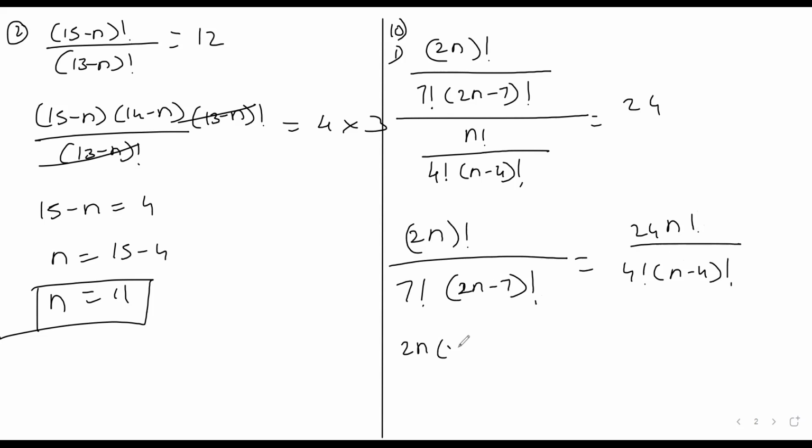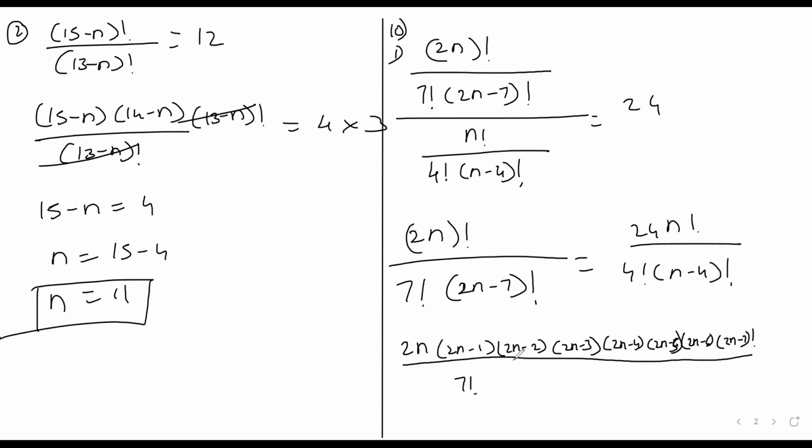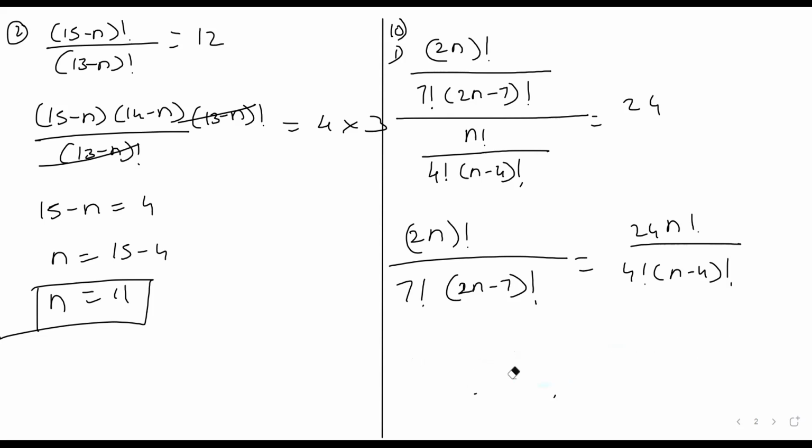This is 2n minus 1, 2n minus 2, 2n minus 3, 2n minus 4, 2n minus 5, 2n minus 6, 2n minus 7 factorial upon 7 factorial, 2n minus 7 factorial. Okay, I'll just write it down on the next page because it's too big.